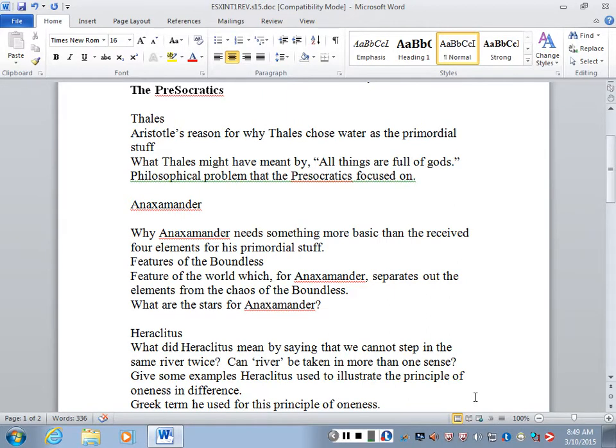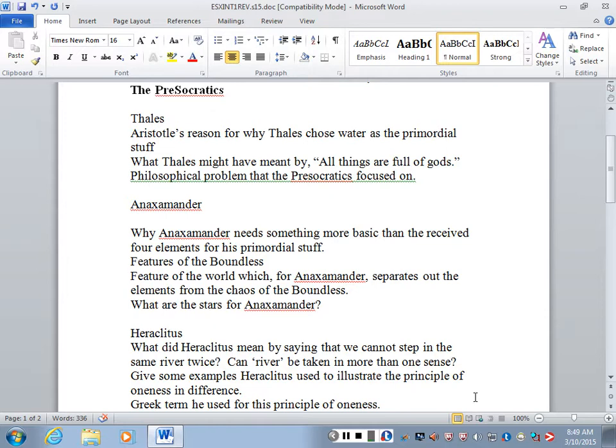That's the way your book approaches it. You will see a different expert's view on how he thought the elements that we do see are separated out of the indefinite apeiron, and that is by a sort of vortex motion of the whole universe, that they're separated out much in the same way that a centrifuge separates out elements.